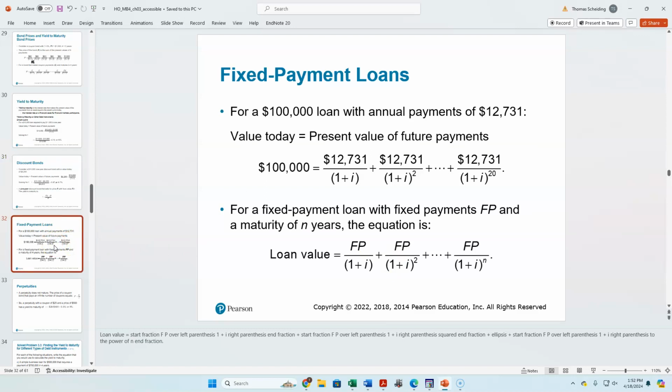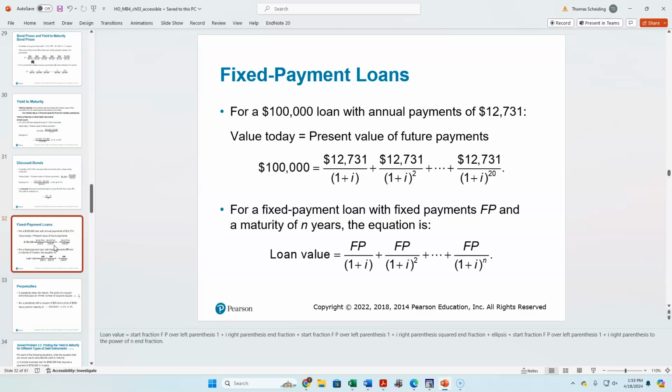In my fixed payment loan here, another way to think about it is that for a fixed payment loan, we see this with car payments a lot. What I'm looking at here is that I'm getting a loan for this thing.